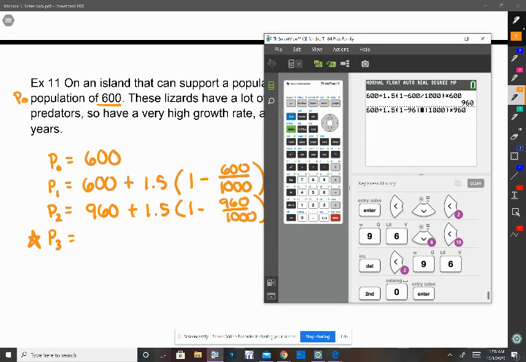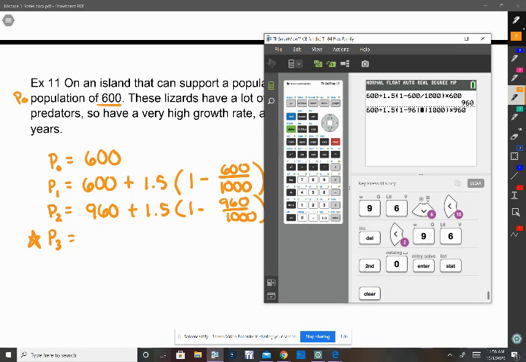Yeah, that's not what I wanted to do. Delete. Yeah, that takes longer for me.